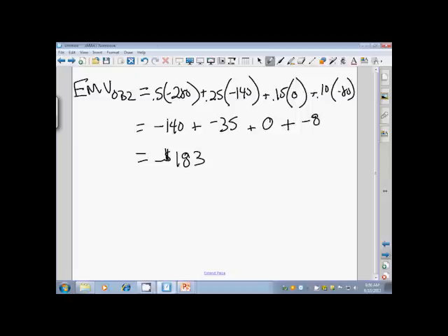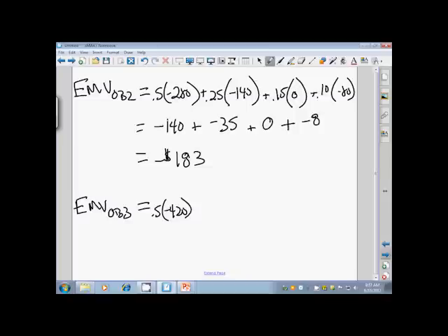Let's end this out with our expected monetary value for overbooking 3 rooms. If you overbook 3 rooms and you have 0 cancellations, remember again, it was a 0.5 probability, you're going to be out $420.